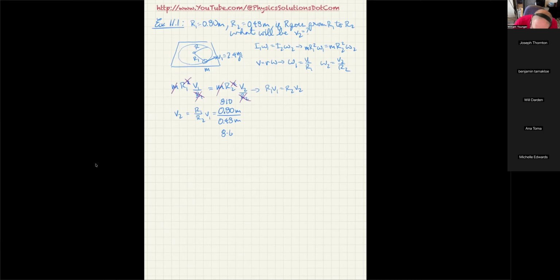The 8's cancel out and I get 10 over 6, which is also 5 over 3. So I'm going to take this velocity, which was 2.4 meters per second, and multiply it by 5 over 3. 2.4 times 5 gives me 12, and then I divide 12 by 3, which gives me 4. So the new velocity is 4.0 meters per second, equal to v2.